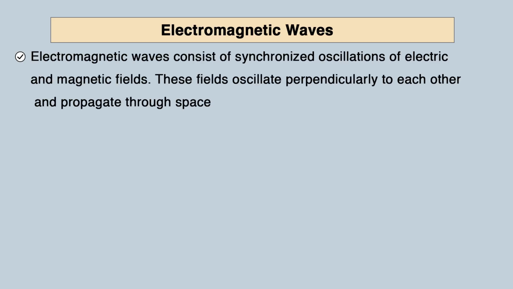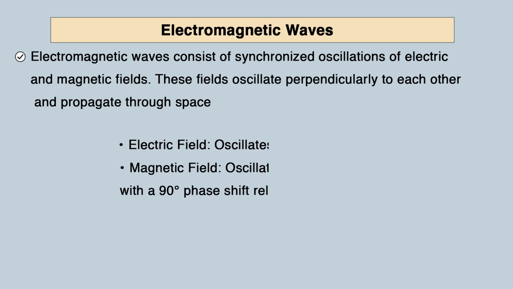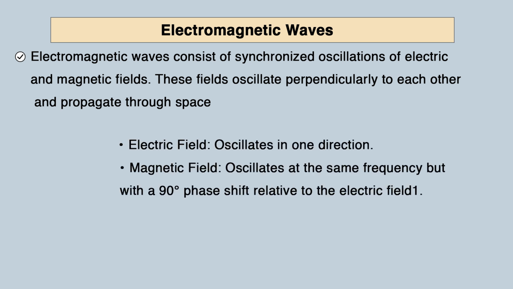Before starting the X-ray topic, we should know some fundamental key aspects like electromagnetic waves. An electromagnetic wave consists of synchronized oscillation of electric and magnetic fields. These fields oscillate perpendicular to each other and propagate through space. Each one has two components.